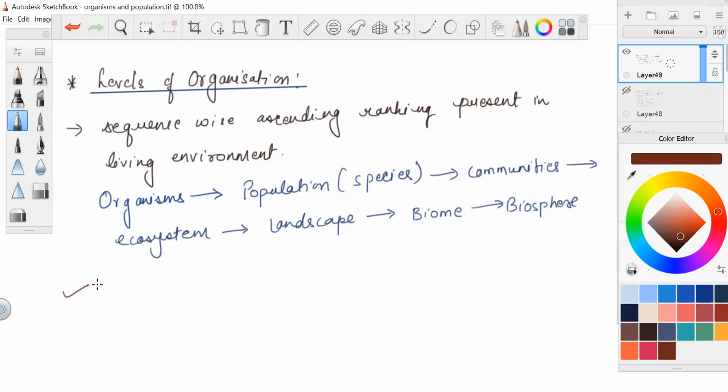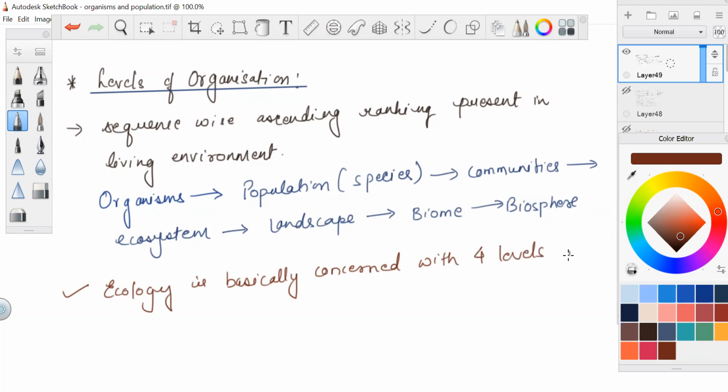But from the ecological aspect, ecology is basically concerned with four levels of biological organization.